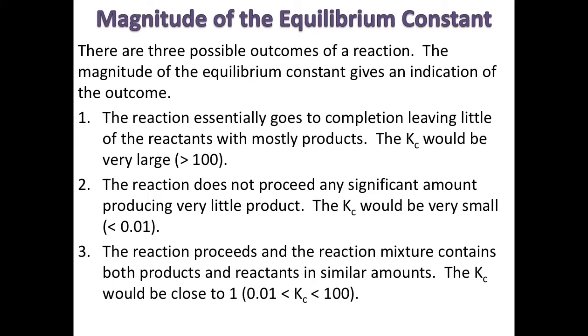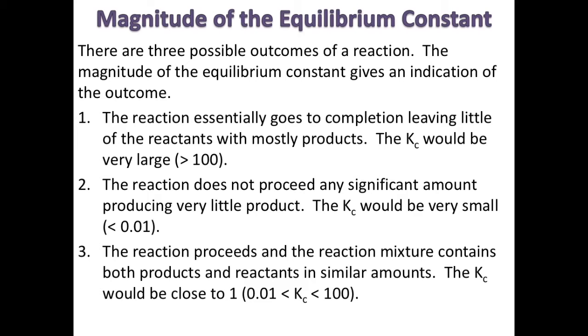Now let's look at the magnitude of the equilibrium constant. There are three possible outcomes of a reaction, and the equilibrium constant tells us a little bit about that. Reactions that essentially go to completion, that is, all the reactants become products, the value of the equilibrium constant is usually very large, greater than 100.